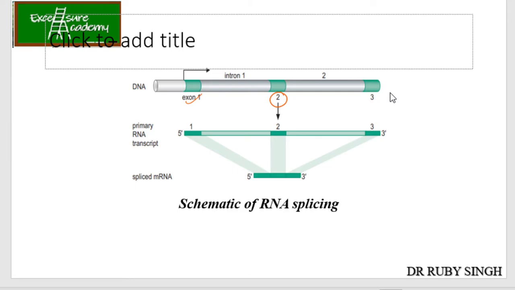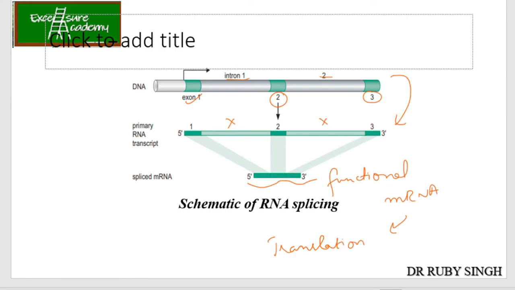Now you don't want this portion because it is not going to encode for anything. So during RNA splicing, this portion is removed and finally exons 1, 2 and 3 come together and form the functional mRNA. Now this functional mRNA finally goes for translation.